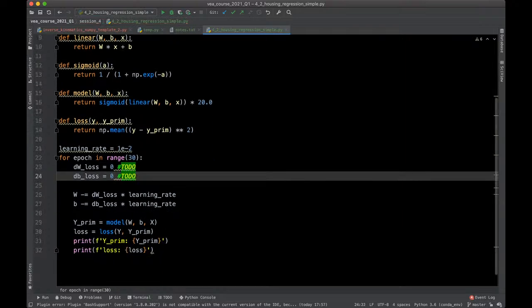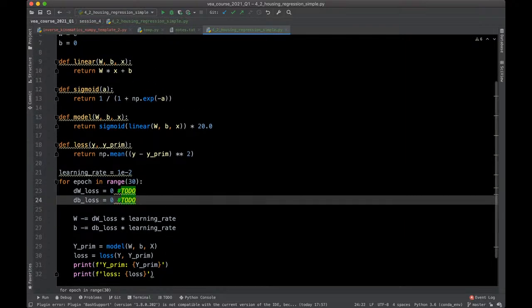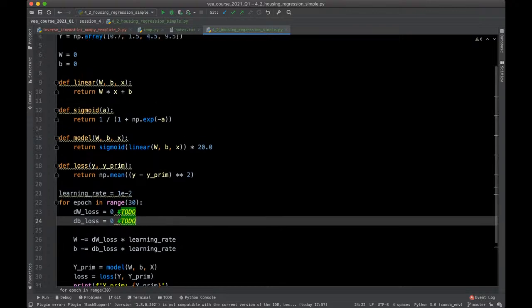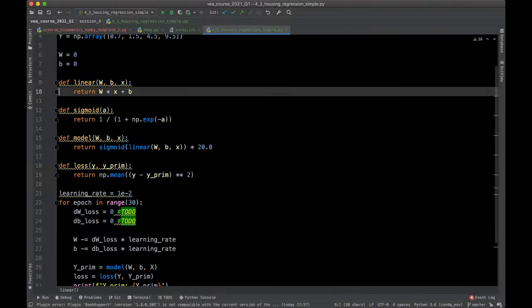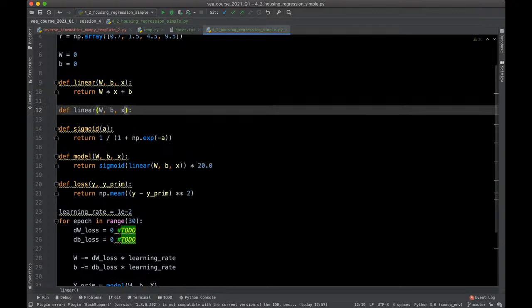And to calculate all of these things, I would highly suggest that you calculate it step by step using the derivatives of each of these functions, like dv with regards to the linear function here.